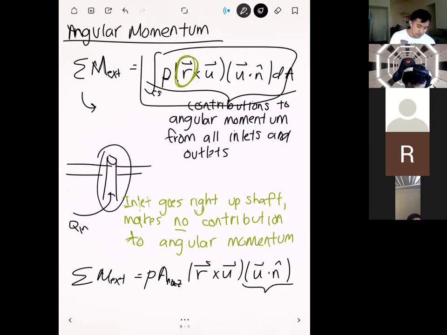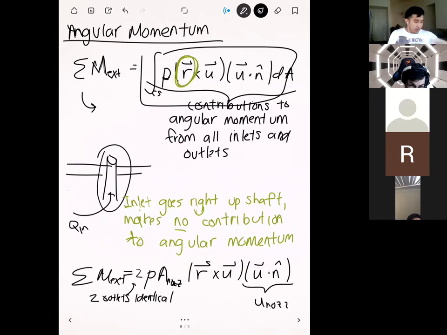Since there are two nozzles, we set this equal to 2 right here, and our two nozzles are identical. Remember, this is a special case where we have two identical outlets, but when you're doing these problems on your own, make sure you write this out individually for each outlet.